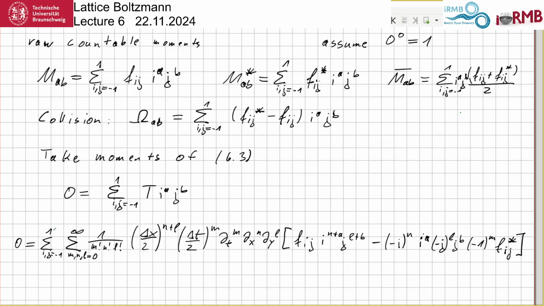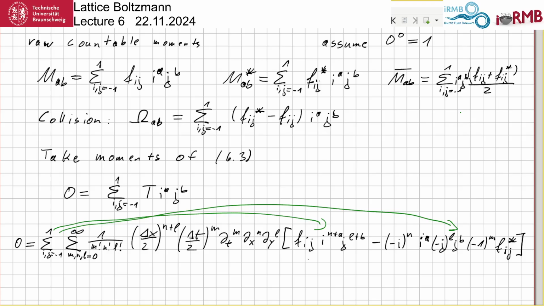So we see the sum here is acting on, if you put this sum into the derivative here, then you see you're actually getting the moments, but you don't get the moments of the equation, because the moments of the equation were the moments a and b, but you get the moments n plus a and L plus b.